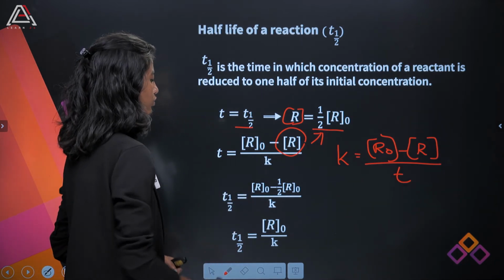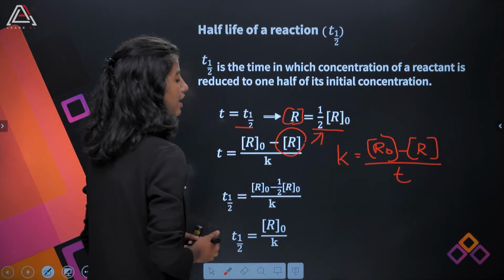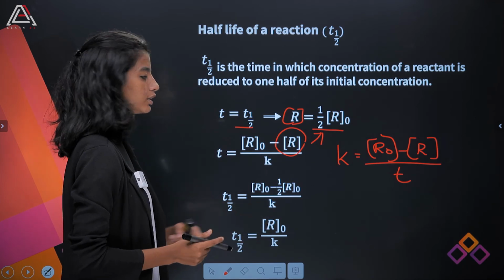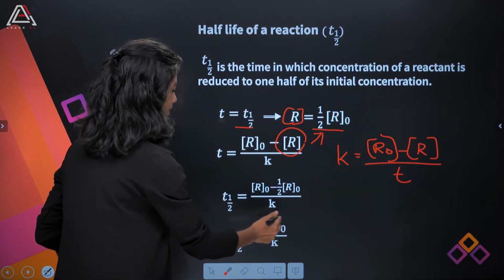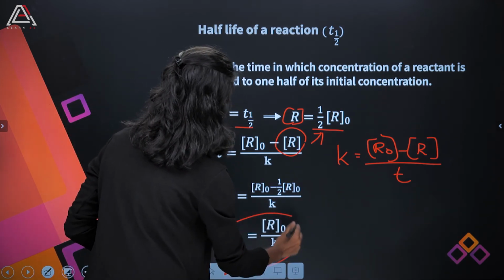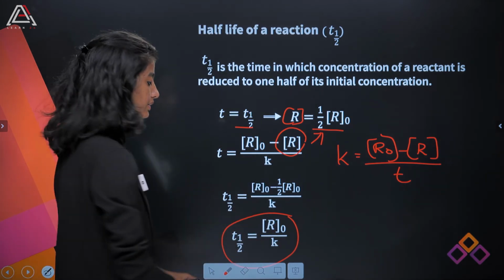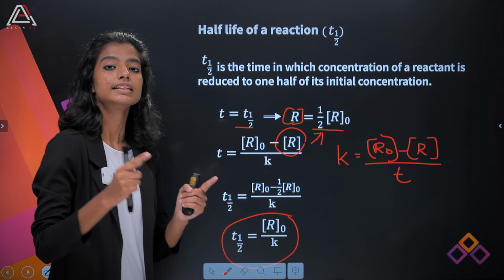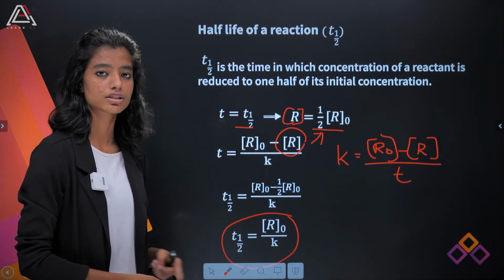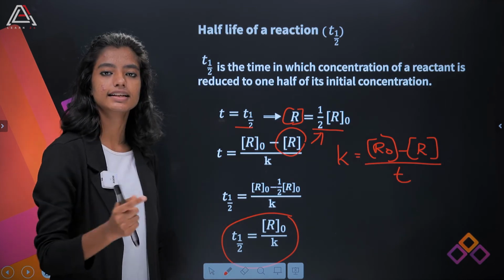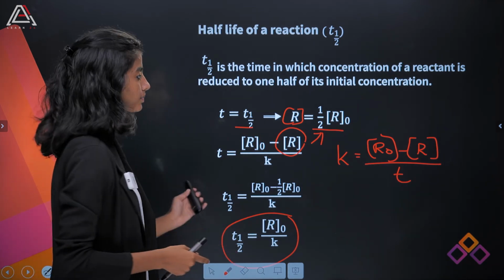And concentration of R naught minus 1/2 concentration of R naught will give you 1/2 concentration of R naught. So the equation will become t-half is equal to concentration of R naught divided by 2K. This will be the half-life of the zero order chemical reaction. You have to remember this equation.